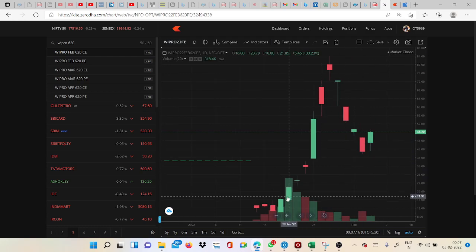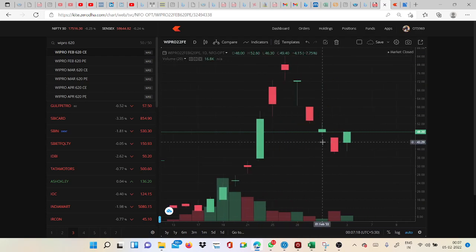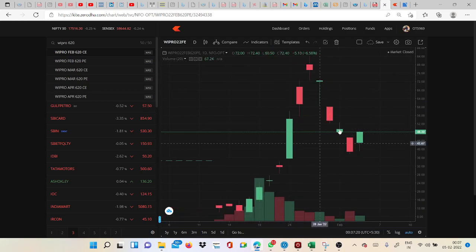But yes, see the price change. This is how this option price works.